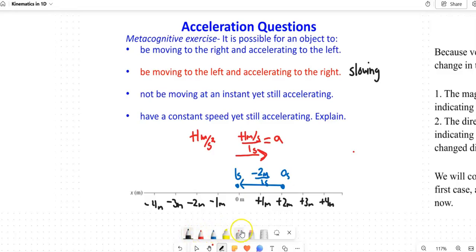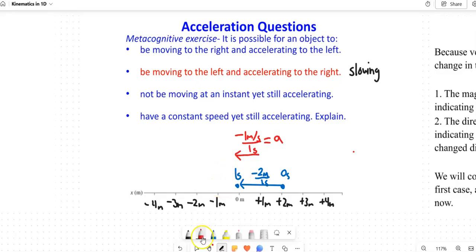Conversely, if I take the vector head of this and I make it now pointed to the left, that acceleration vector is going to be negative, which means this. You're going to be moving to the left and somebody comes up behind you and they begin pushing you to the left.